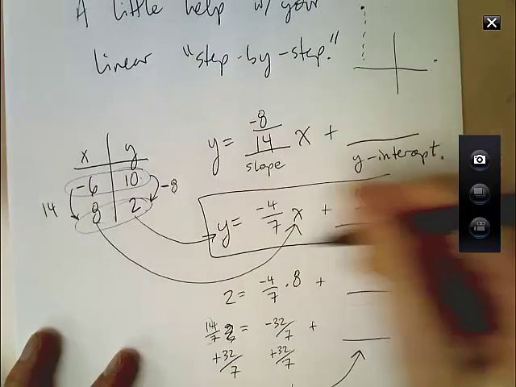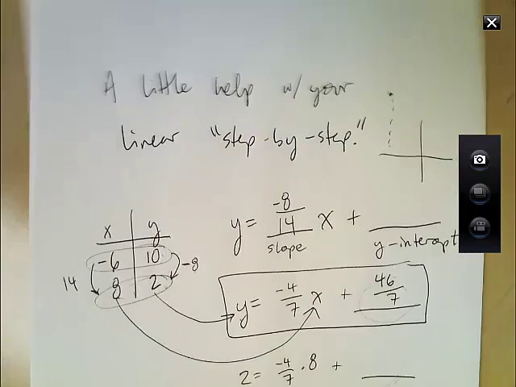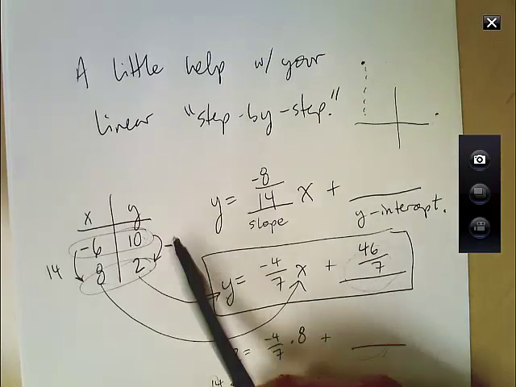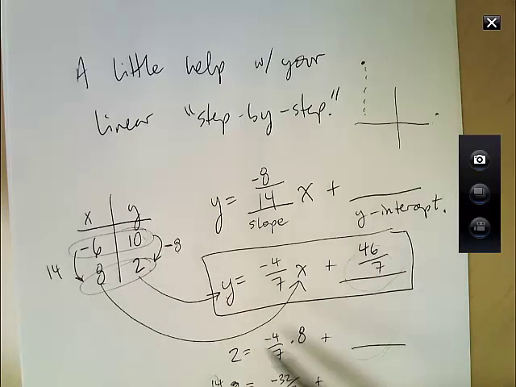So this right here is my equation. So in other words, 2 points in this particular way can give me the equation for a line.